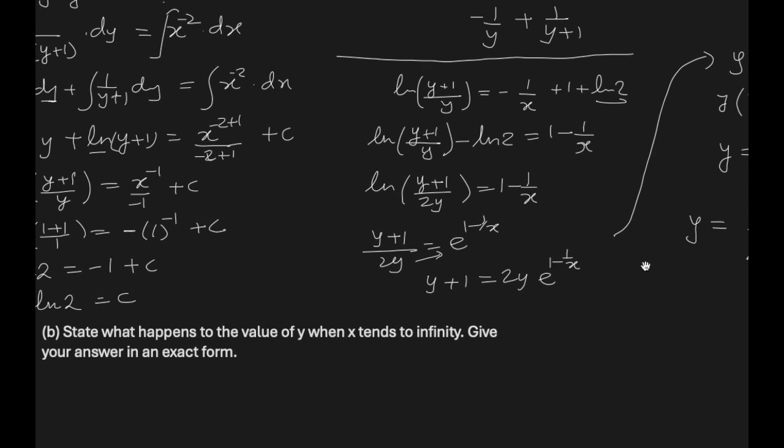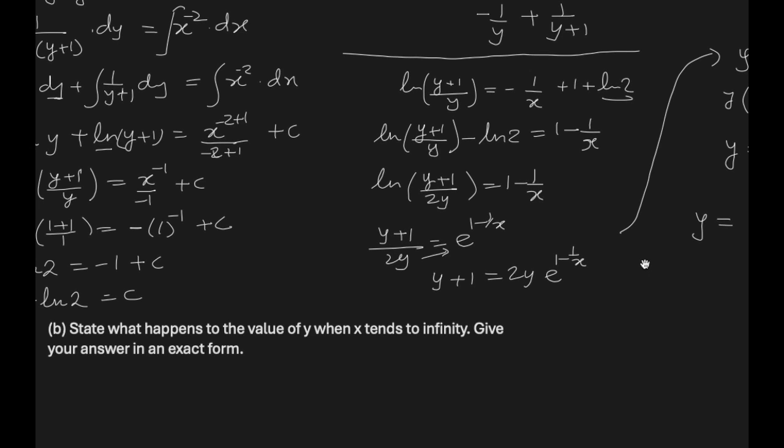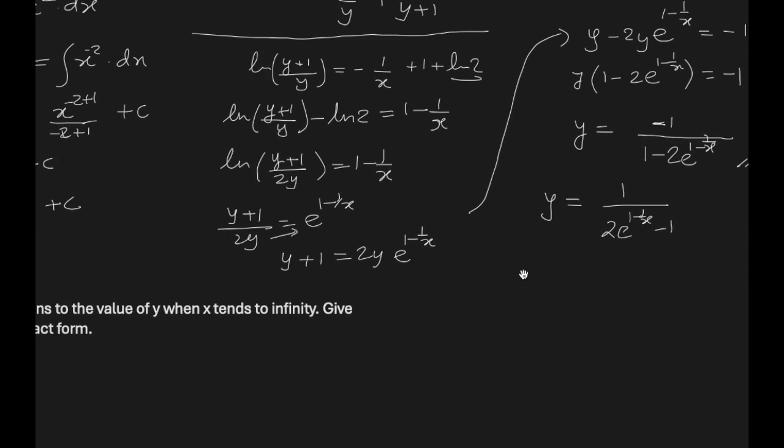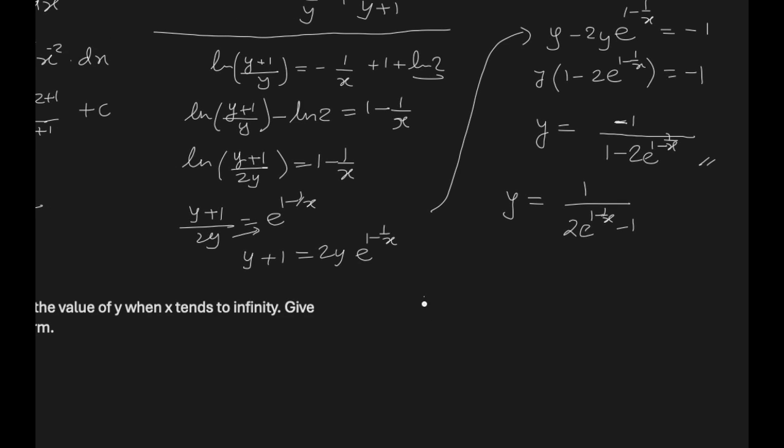Okay, what does the next part say? State what happens to the value of y when x tends to infinity. So I can do it here, B part. This x goes to infinity, becomes very, very large, so let's substitute it by infinity: 1 over 2 e to the power 1 minus 1 over infinity, minus 1.